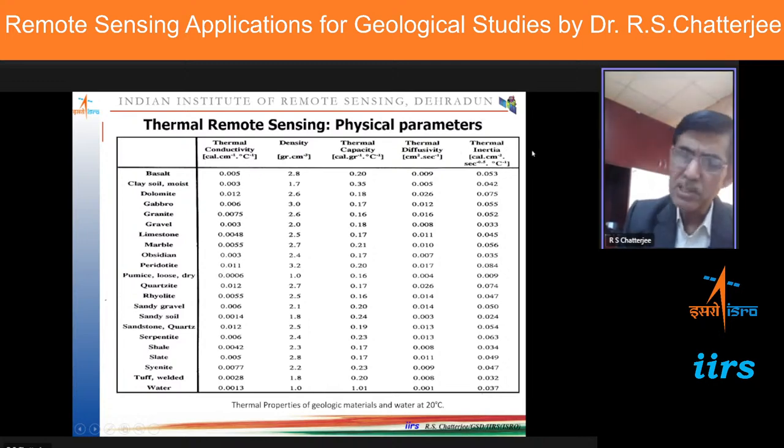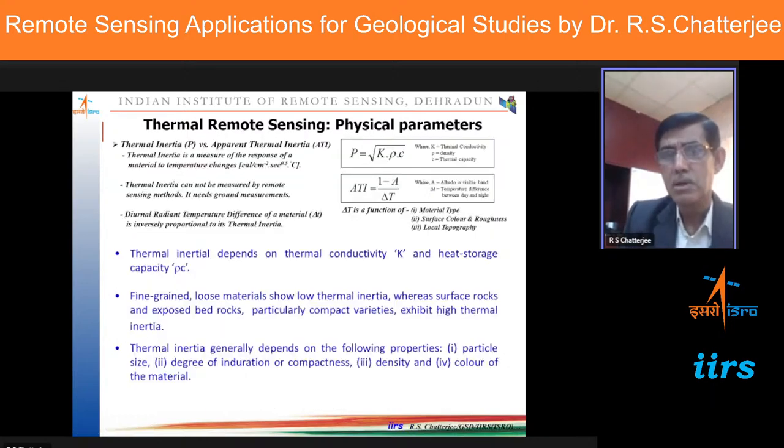Out of that, thermal inertia is very sensitive and widely used in thermal remote sensing. If you want to measure thermal inertia in the laboratory, you need thermal conductivity, the density, and the specific heat, and it is a very cumbersome process. But in remote sensing, it is very easy.